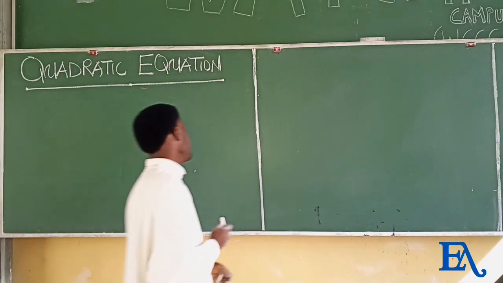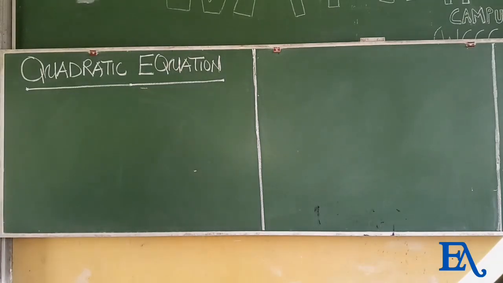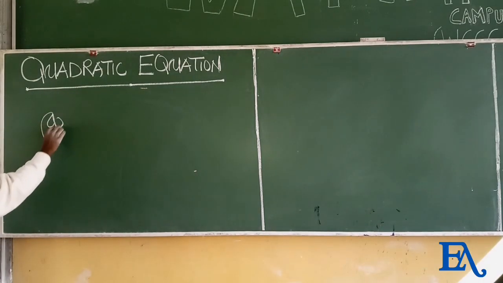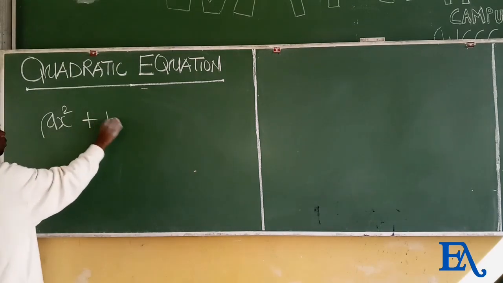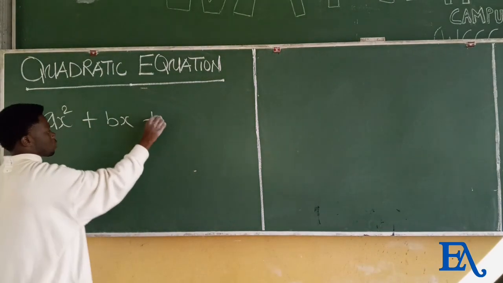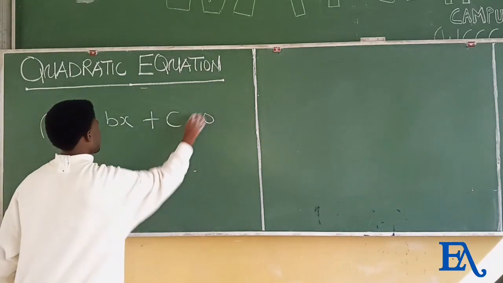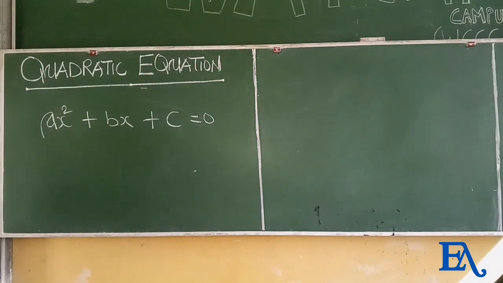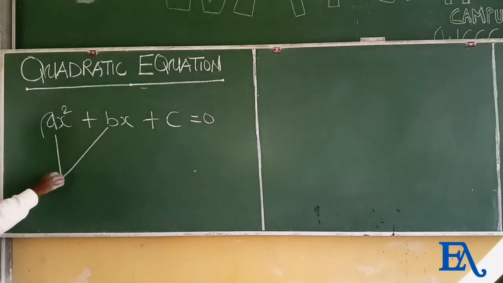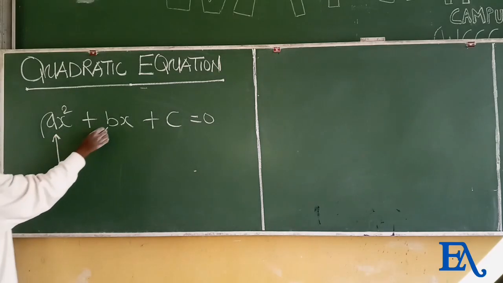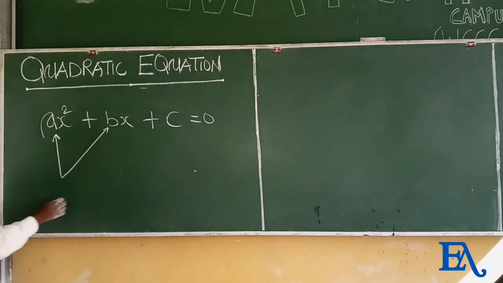And the quadratic equation is given in the form ax squared plus bx plus c equal to 0, where a, b and c are numerical values, and since a and b are attached to a letter x, they are known as coefficients.